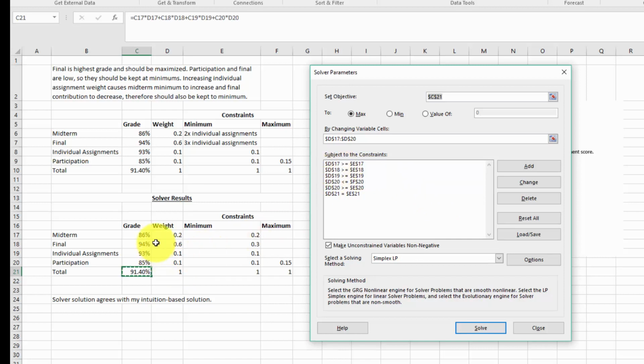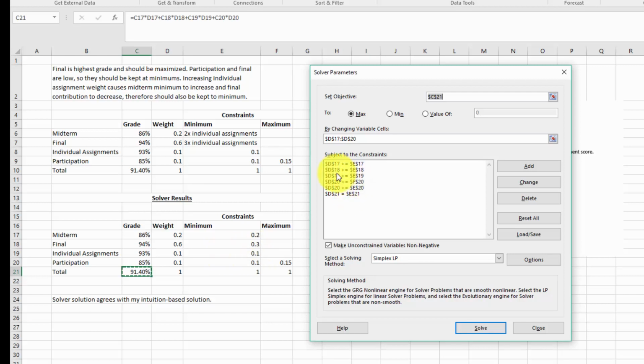D17, which is the midterm weight, has got to be greater than E17. What's E17? E17 is this minimum constraint again, 0.2, because if the individual assessment has to be 0.1 and the midterm is going to be twice that, then the minimum for the midterm is 0.2. Likewise, the minimum for the final is 0.3 because it's got to be 3 times the individual.